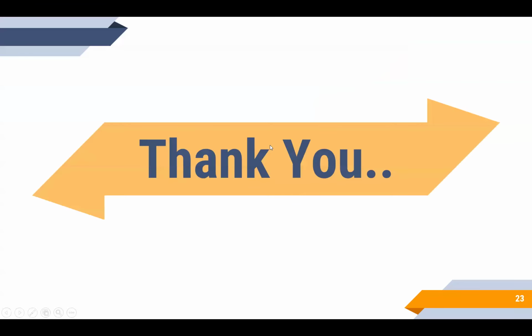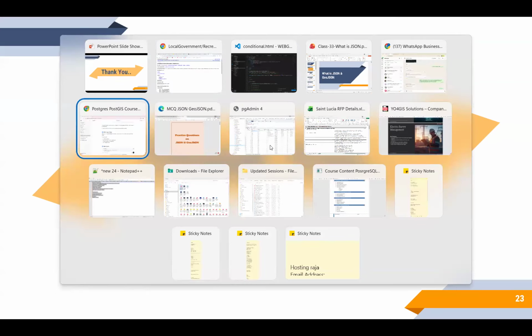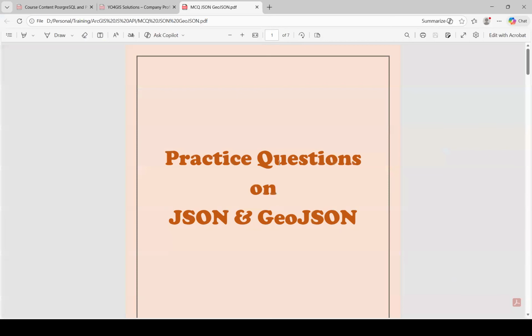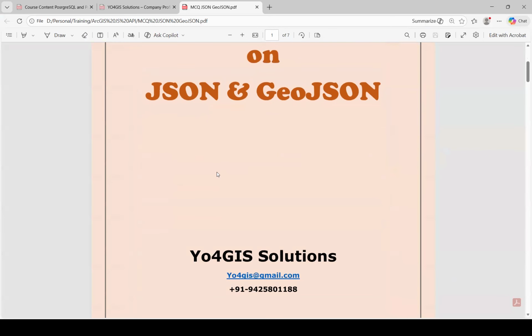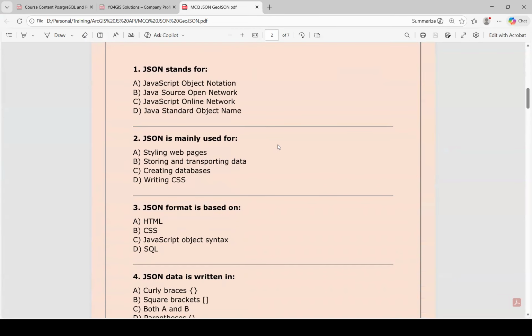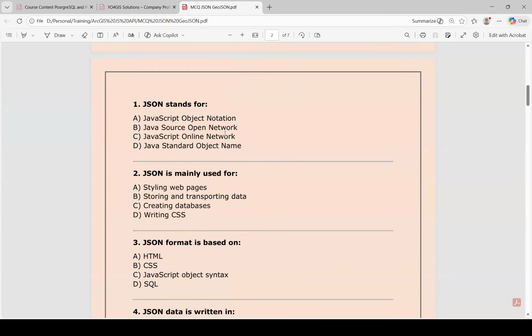So this is all about JSON and GeoJSON. I believe I was able to explain things properly. Now if we do the questions, then I can understand whether you understood things.